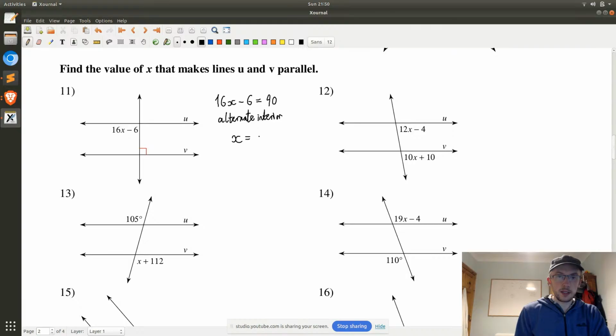So x would have to equal 6. 12x take 4 would have to equal 10x plus 10, as they would have to correspond to one another and thus be congruent to one another. So 2x equals 14, so x equals 7.